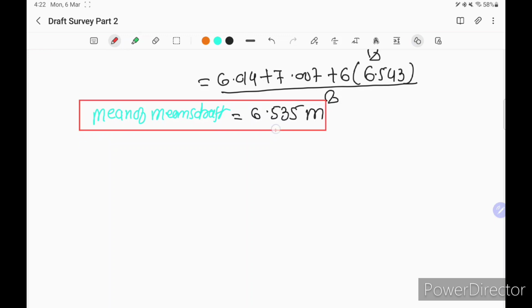Okay, mean of mean draft we get. Now for this value we'll calculate the LCF. LCF from the MV Hindship particulars we will get 72.061 meters.